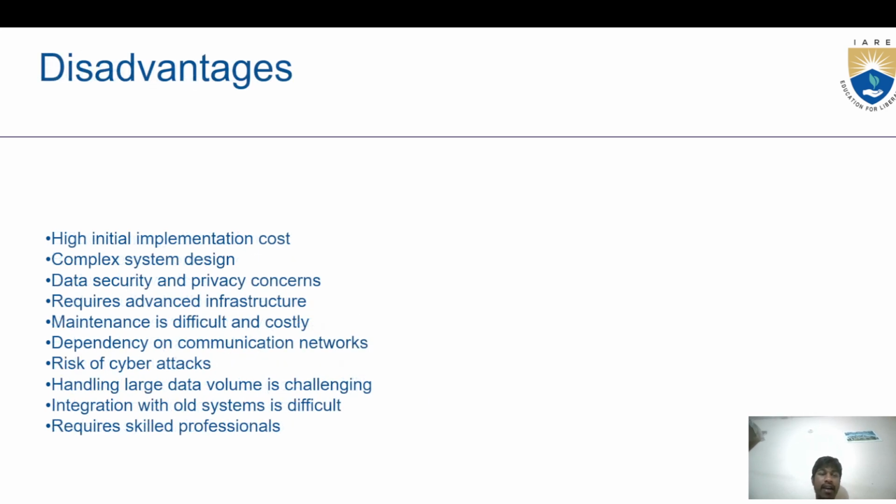Disadvantages that we have: high initial implementation cost, complex system design, data security and privacy concerns. Like I said, it is a two-way communication system, unlike the traditional system which is one-way. Designing this two-way communication system requires complex system design, and any small error in the design might result in the fall of the system.